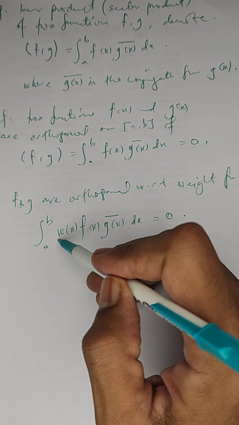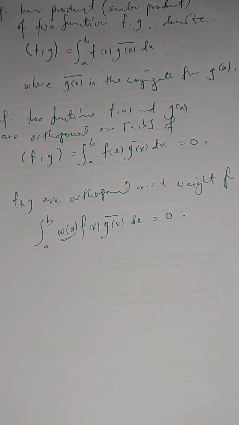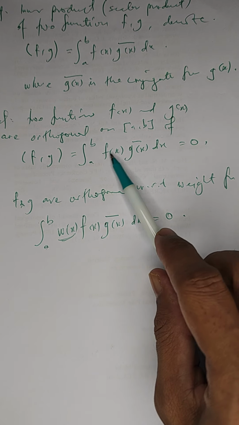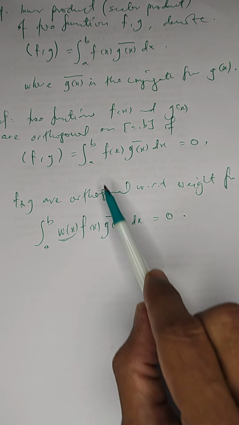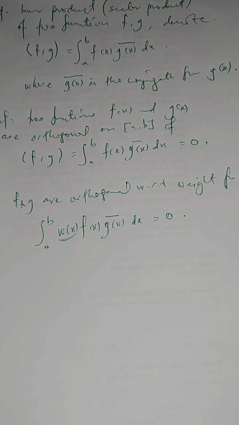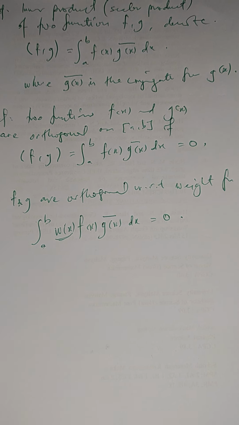The specific case is when the weight function is equal to 1, so we have that equal to 0, and we call f and g orthogonal.